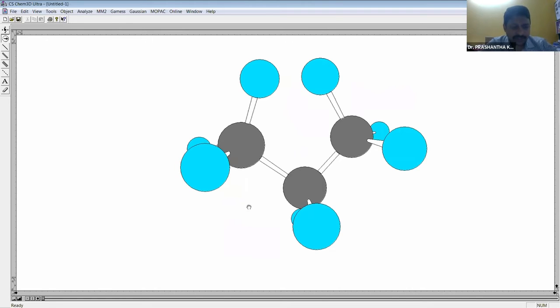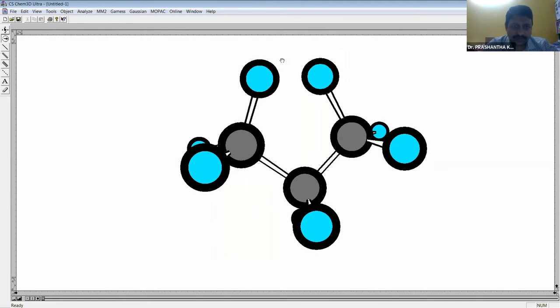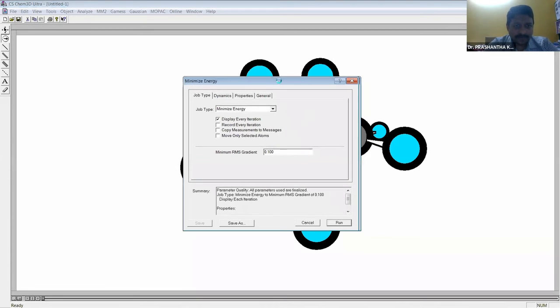So the process of energy minimization means all the atoms in the ligand should maintain the appropriate bond length, bond angle, and torsional angles. What does minimization refer to? Let's say molecular mechanics, minimize energy. I will place it somewhere around here.